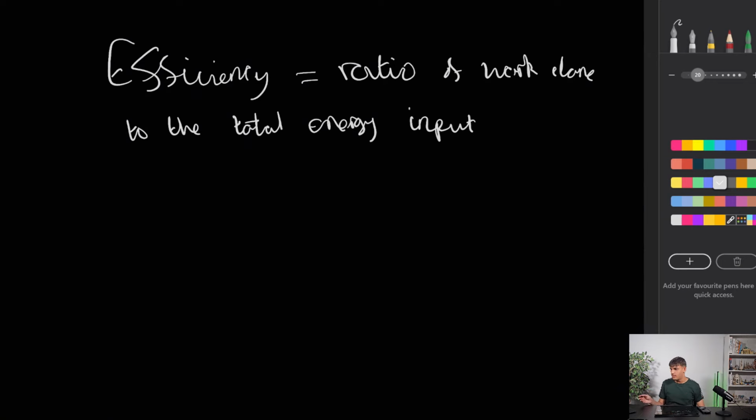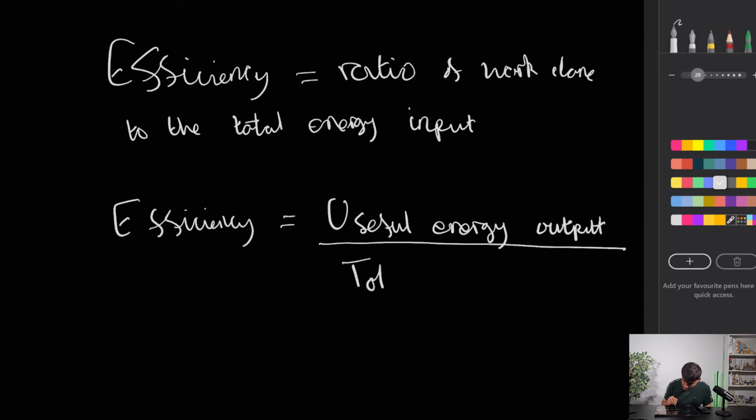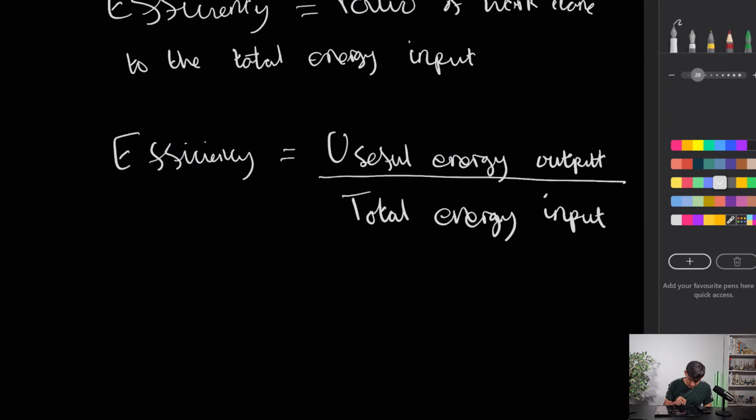Now, as for working out the efficiency, the equation for efficiency is useful energy output divided by total energy input. So now let's actually work it out with the values we've got.